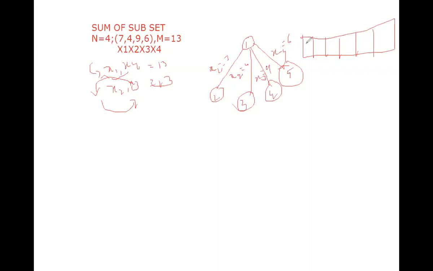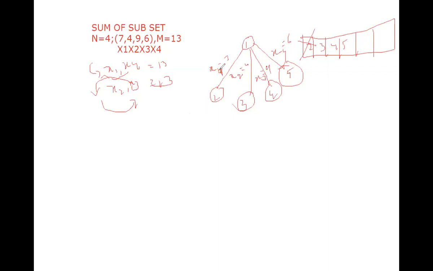Okay, so in the queue I stored 2, 3, 4, 5. Next, which element do I want to expand? I want to expand node 2, that is x2. I already considered x1, so the remaining elements are x2, x3 and x4.